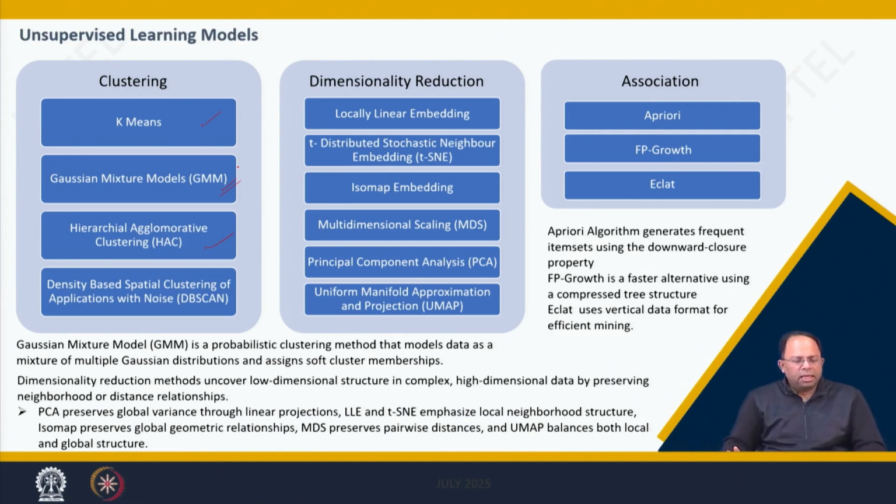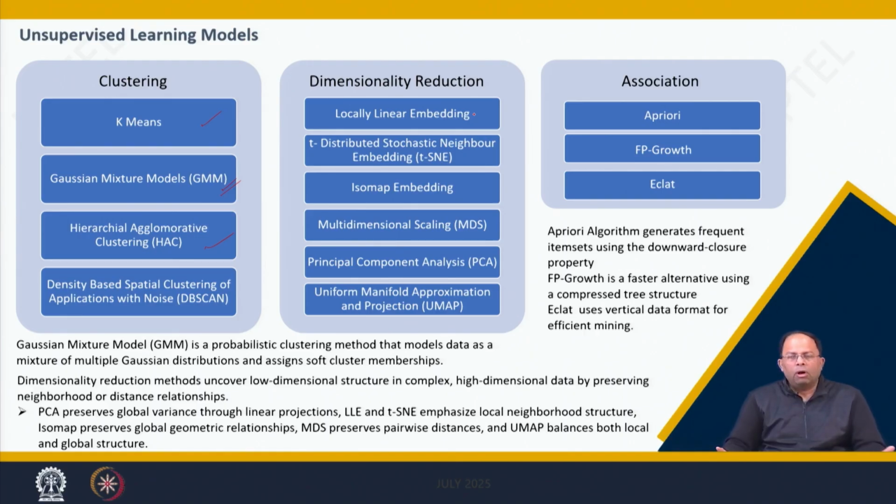And then there is dimensionality reduction, and over here again there are many methods, as you can see. That is UMAP, then PCA, MDS (multidimensional scaling), Isomap embedding, then t-SNE, then LLE. So these are the different approaches, the models that are there.